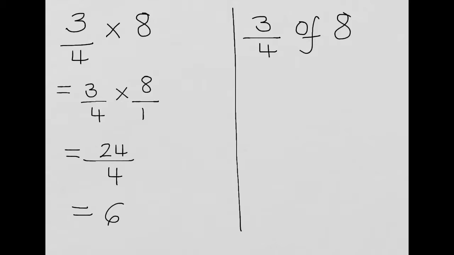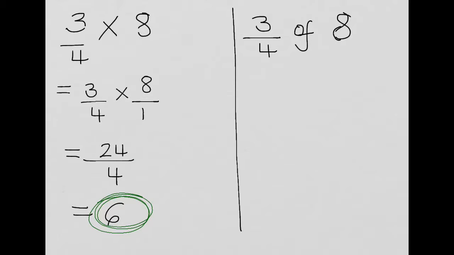So going through that again, just for you to remember, I'm multiplying. This written as a fraction, my denominator would be 1. I've multiplied my numerators, my denominators, because I understand about multiplying fractions. And 24 divided by 4, because a fraction is about dividing up, is 6.